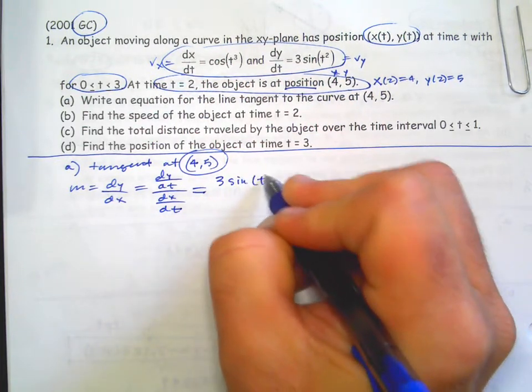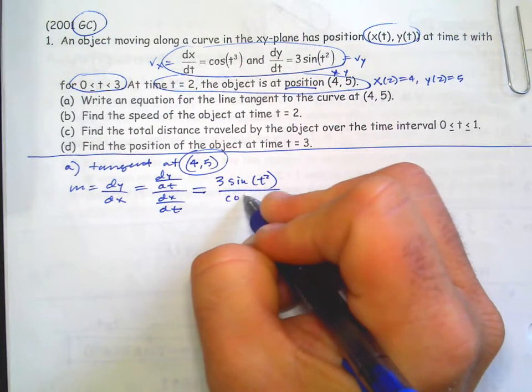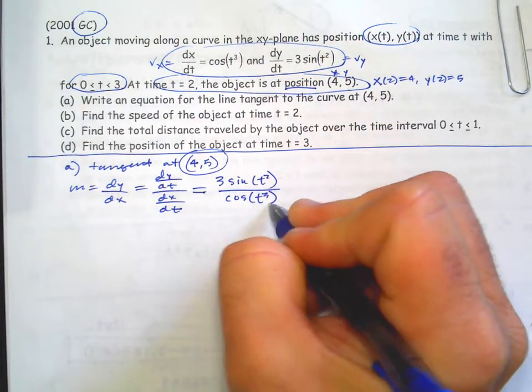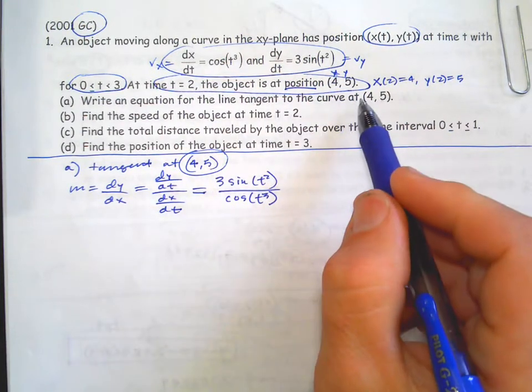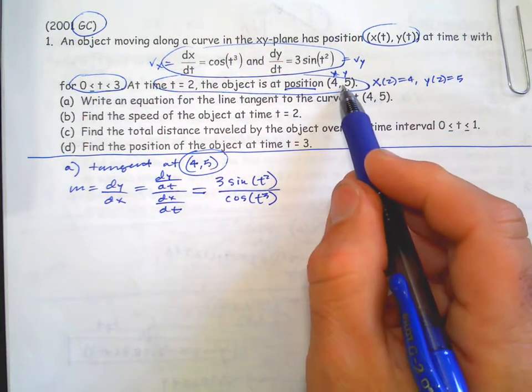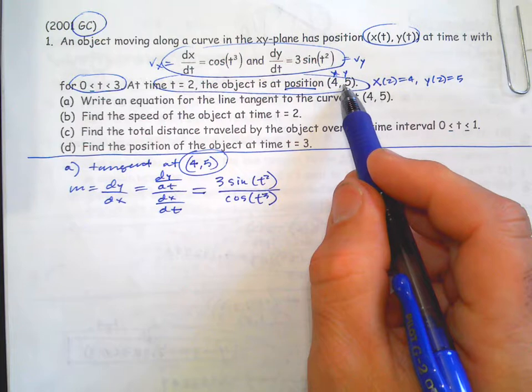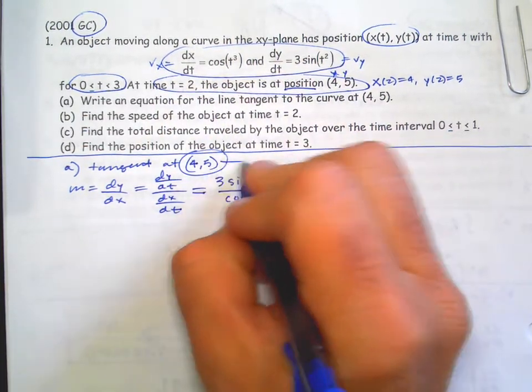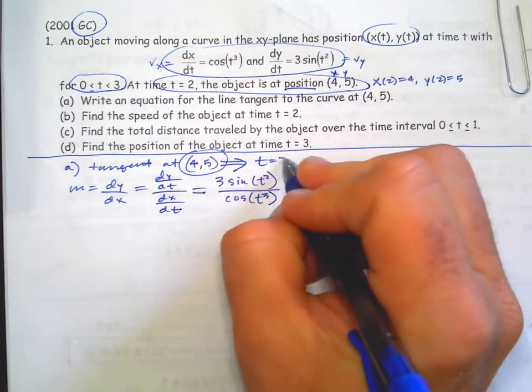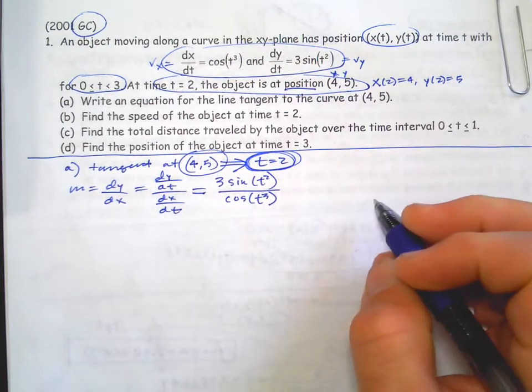We want it, well, what time do we want it? They didn't say anything about what time. What you should realize is that (4, 5) was just mentioned to you right before this problem. That's the position at time 2. So you need to realize that we're working with time 2. Makes that a little tricky.